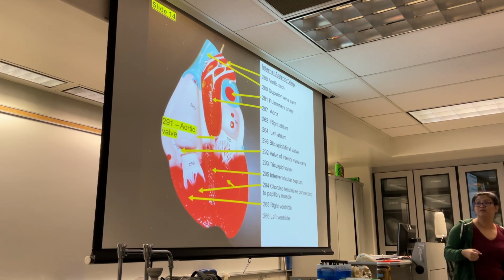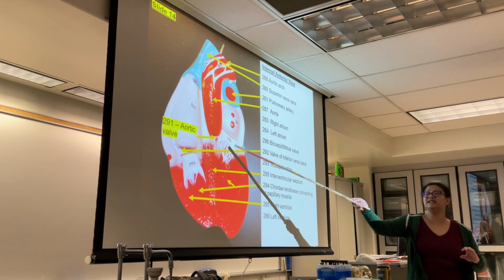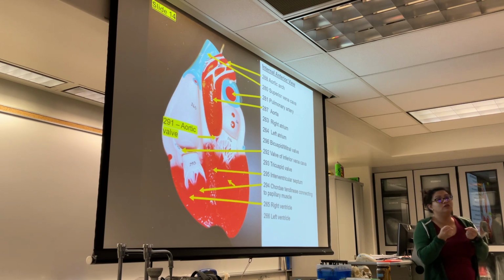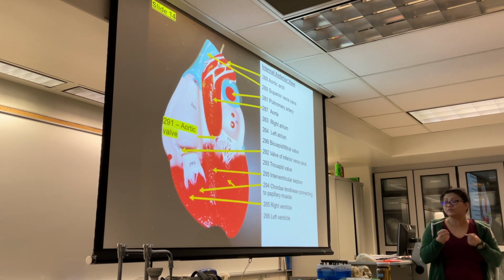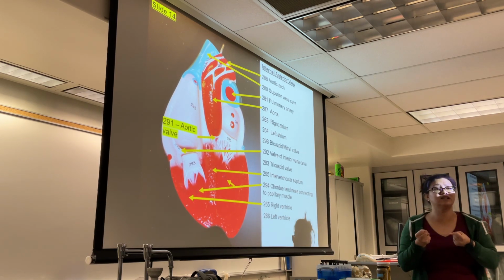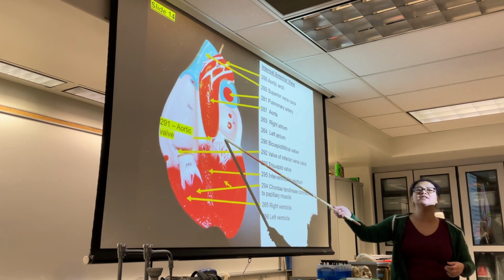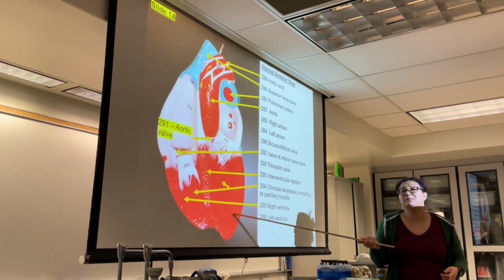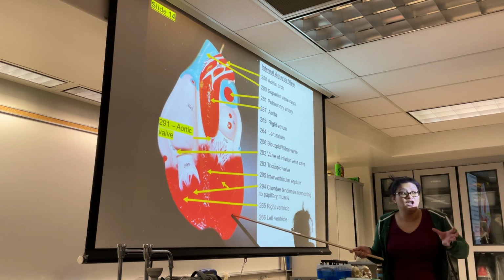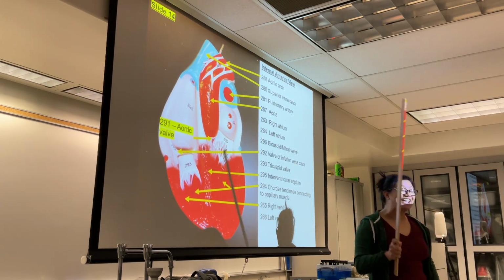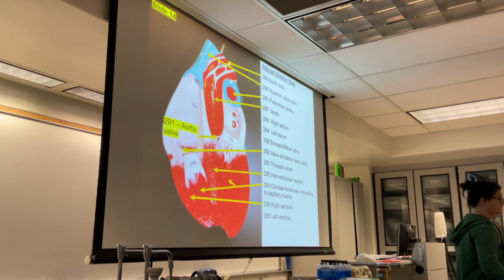When they shorten, because they're attached to these chordae tendineae, they will pull on the flaps of your tricuspid and your bicuspid valves. They will pull on them, so that then essentially opens up the valves and allows the ventricles to push blood, to eject it, into your pulmonary artery and your aorta.